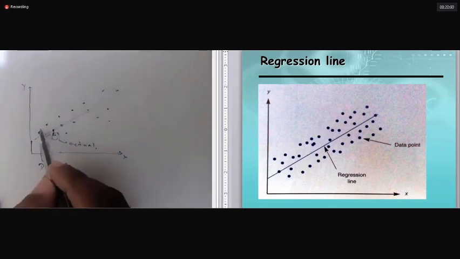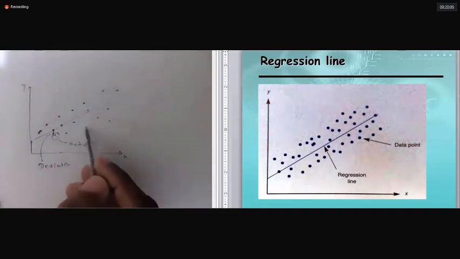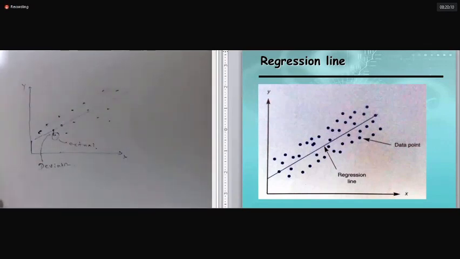Someone can draw the line from here, somebody else from there. That depends. But if you want to maintain accuracy, you want to draw the line to minimize all these deviations. That is the technique here.